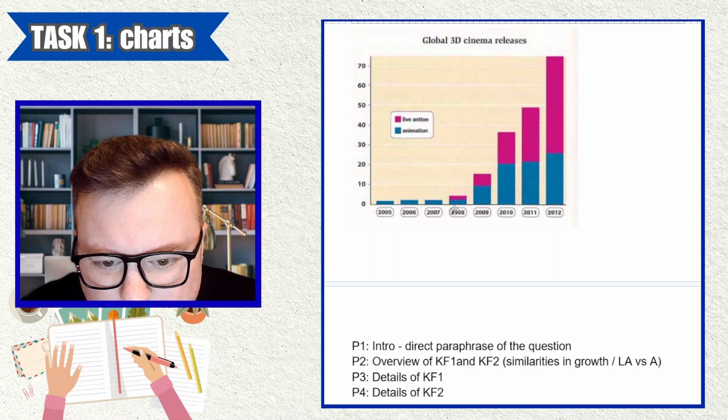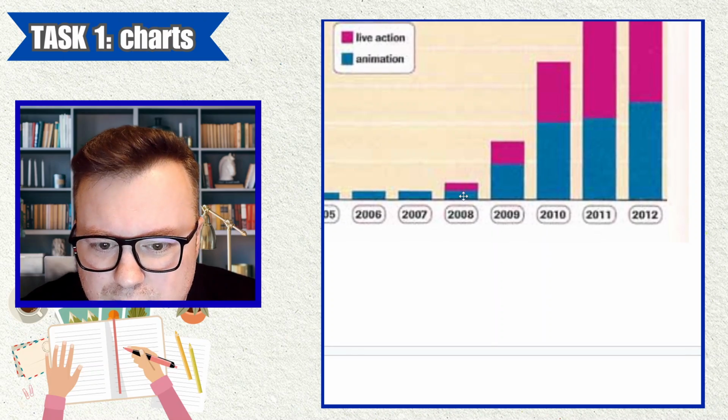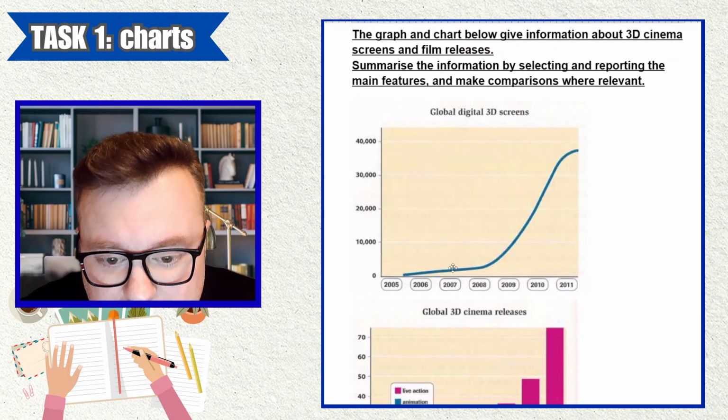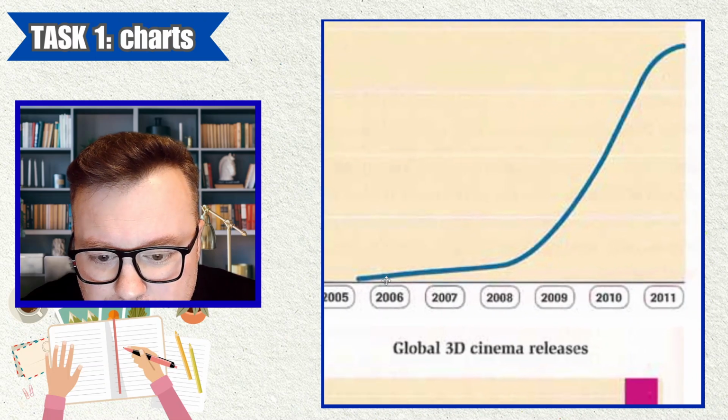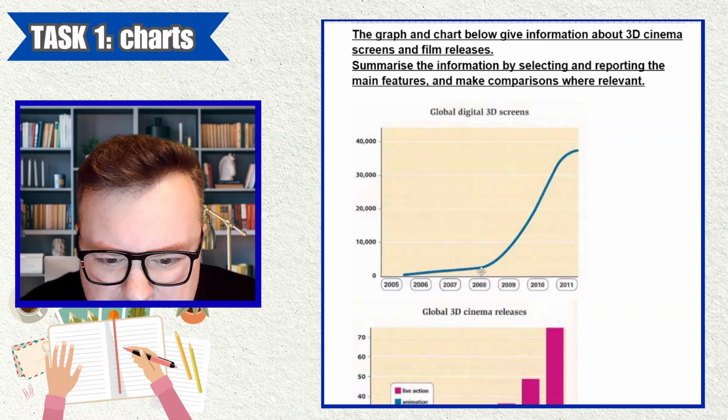I don't know exactly what that number is there. I mean, it's about 2, isn't it? Oh, that's the number of films, sorry, releases. I need to look more closely. Can't quite make that out. About 2,000 there. And I think it's still under 3,000 there, or approximately 3,000.